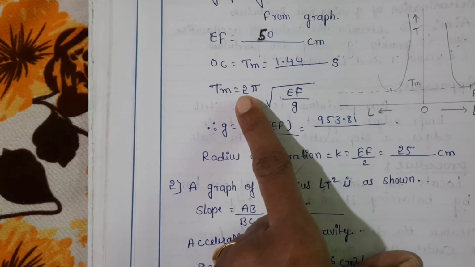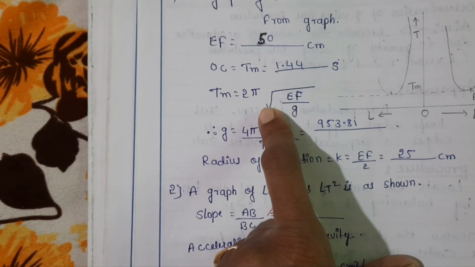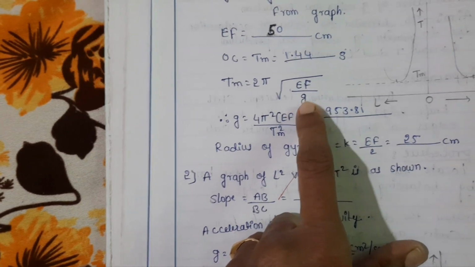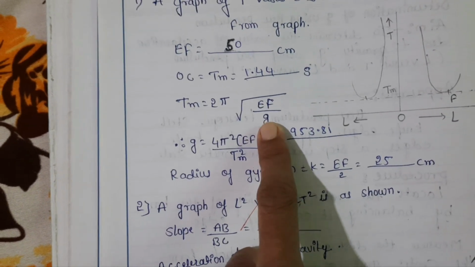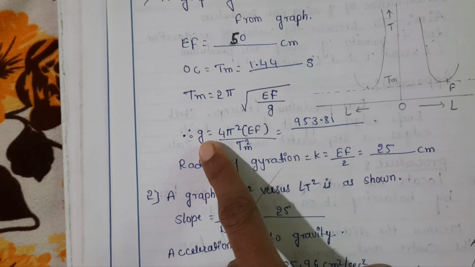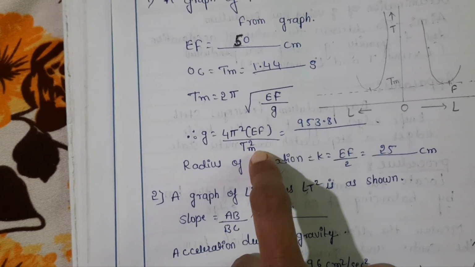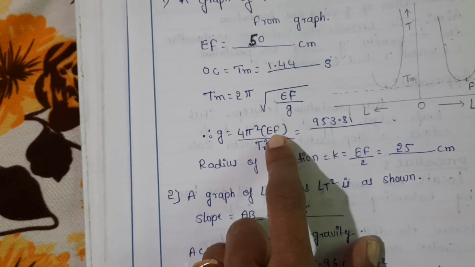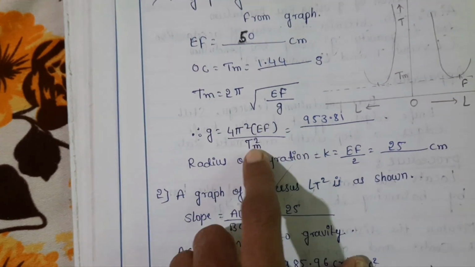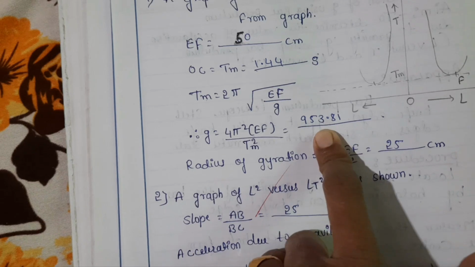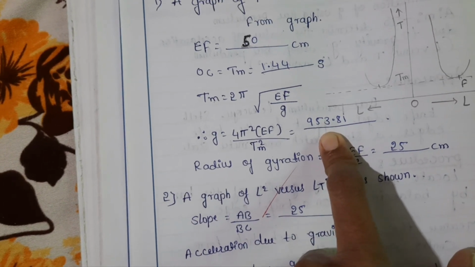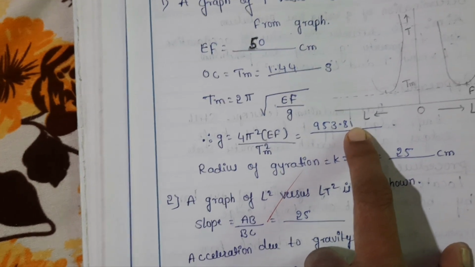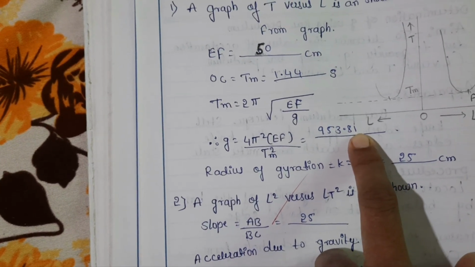The formula for the time period is given here, 2 pi into root of EF by g. We want to calculate acceleration due to gravity, so you can modify the formula: g equals 4 pi square EF divided by Tm square. If you substitute the value of EF and time period in this formula, you will get the acceleration due to gravity about 953.81 centimeter per second square.